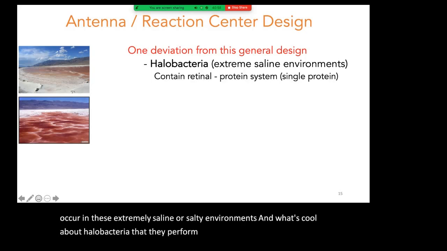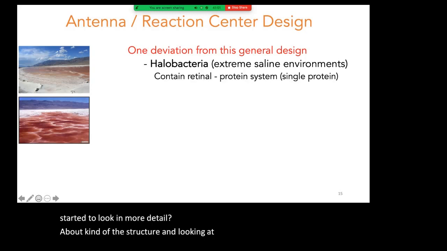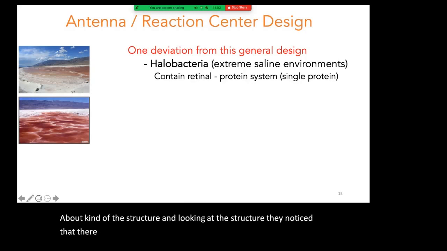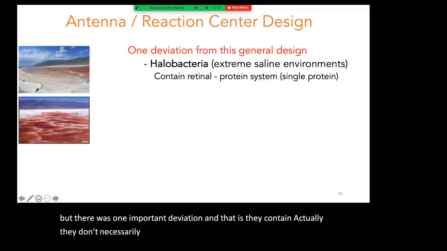But when people looked in more detail at the structure, they noticed a lot of similarities in the light reactions of halobacteria, but there was one important deviation. They don't necessarily contain chlorophyll, but instead they contain this retinal protein system.